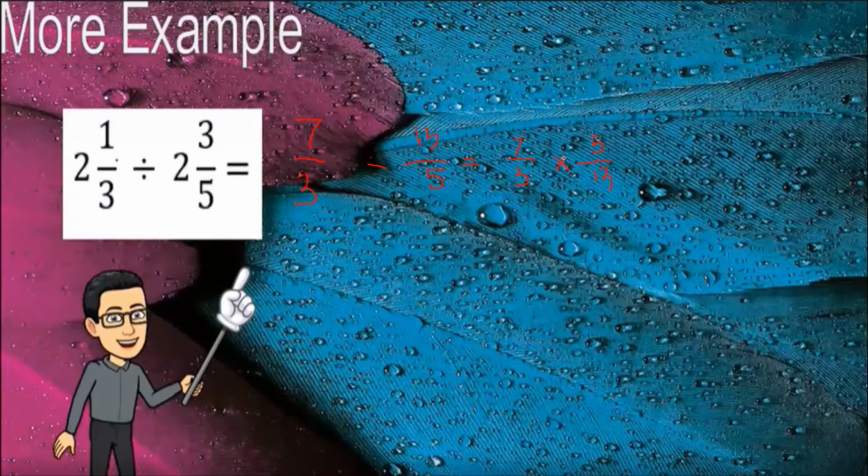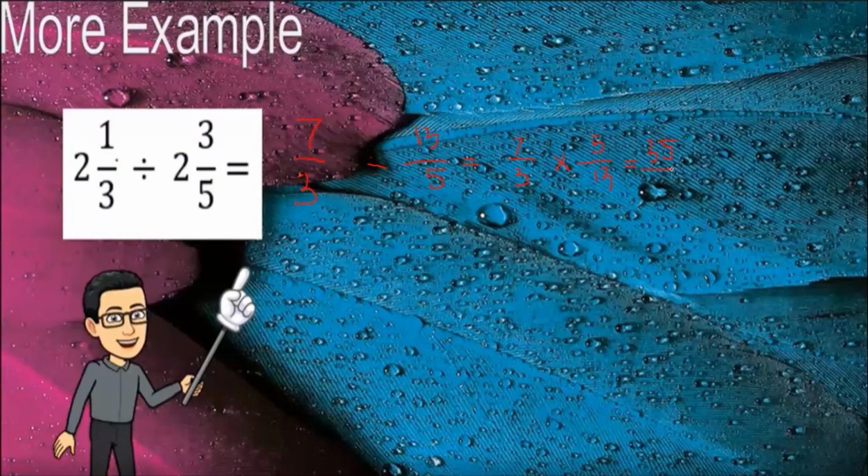Okay, so this time we could now multiply our fractions here. Top times top, bottom times bottom. So let's start with 7 times 5. 7 times 5, that is 35. And then the next one here is bottom times bottom.